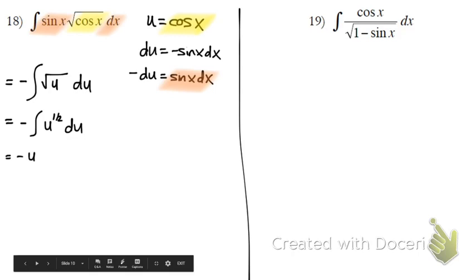That's negative u to the 3/2 over 3, and then times 2 for that 3/2, plus c. And if I do my final substitutions, this is negative 2/3 times cosine of x to the 3/2 plus c. And again, you could write it like this, or you could change it back to being in radical form if you wanted to. But either of those would work.